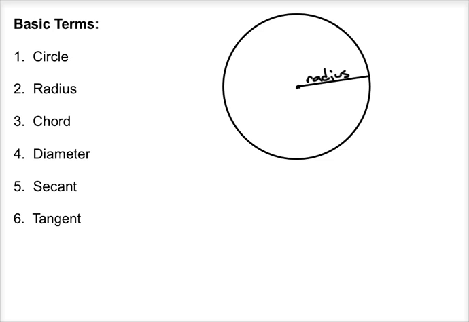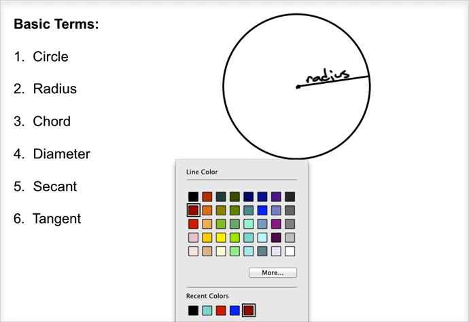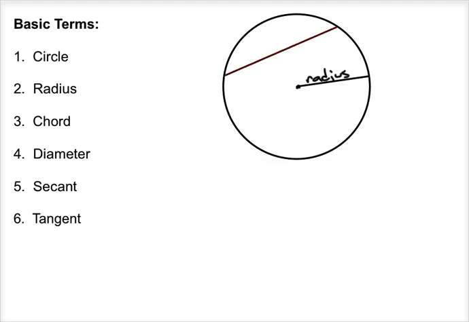The third one, a chord. A chord is just a segment where the endpoints are on the circle itself. So if I draw a segment where the endpoints are on the circle, I get something that looks sort of like that, where the endpoint could be anywhere else as long as it's on the circle. So there's going to be a chord.